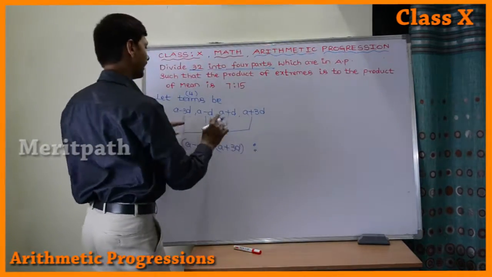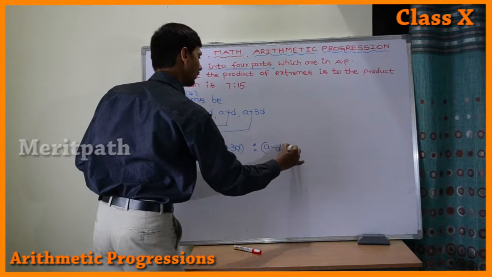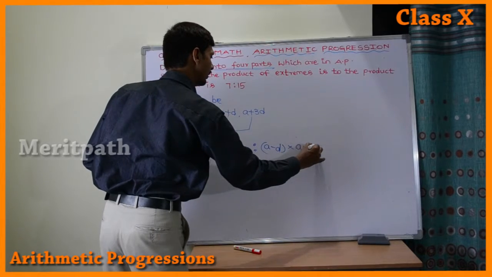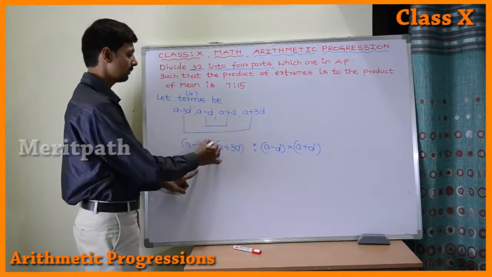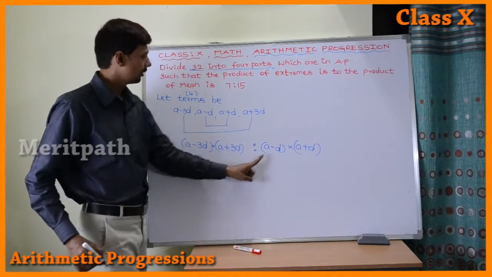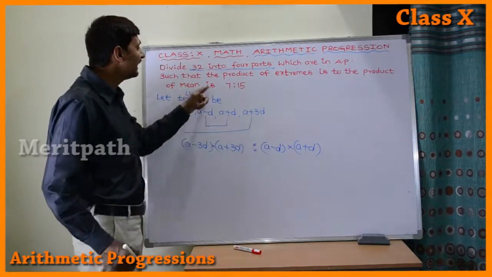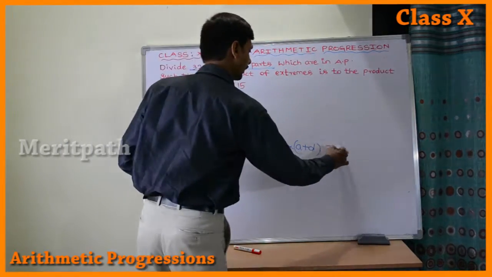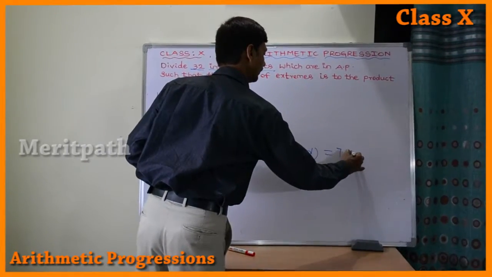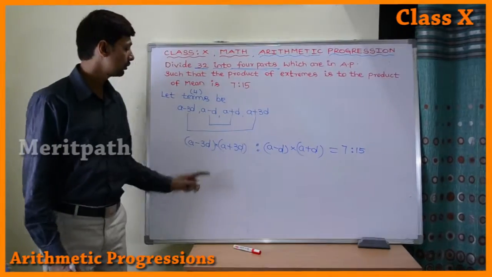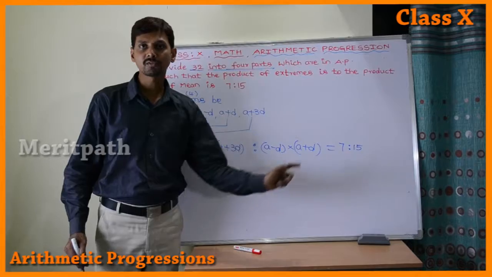The means are a minus d and a plus d, so the product of means is a minus d into a plus d. The product of extremes, we multiply these two, is to the product of means, these two we have written, equals 7:15.